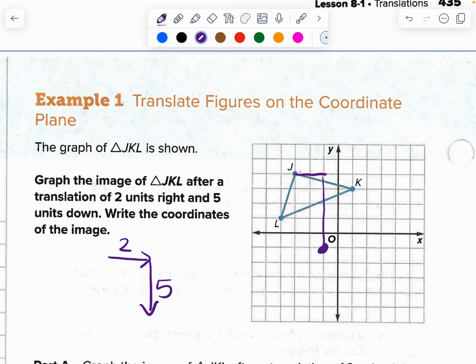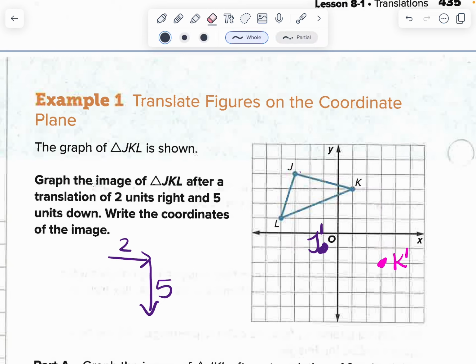So that gets me right here, and I don't need these lines right here, and that's going to get me J prime. Again, I'm going to go 2 units to the right, and I'm going to go down 5. 1, 2, 3, 4, 5. And I'm going to make a point, and that's going to be K prime.